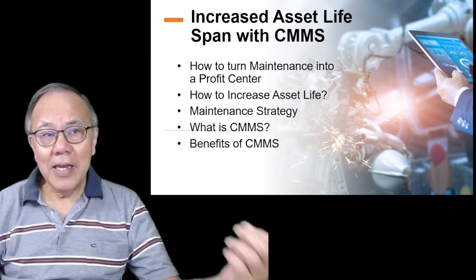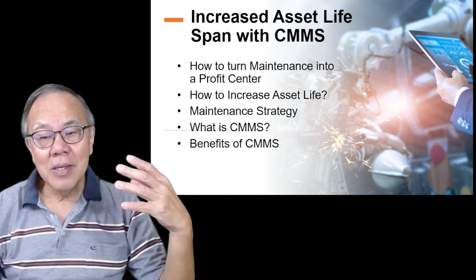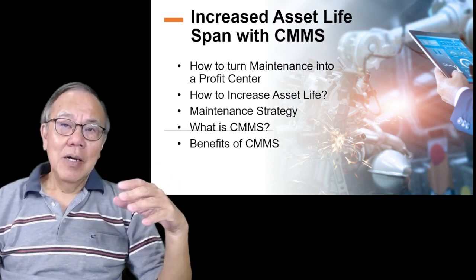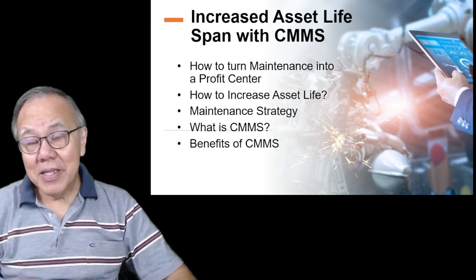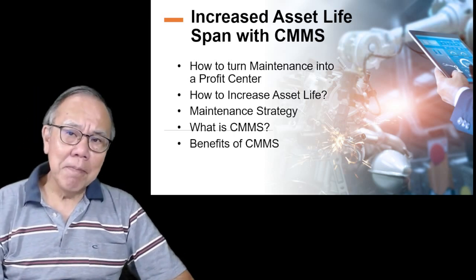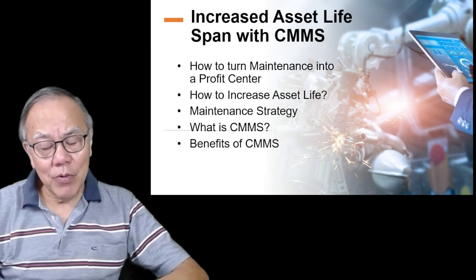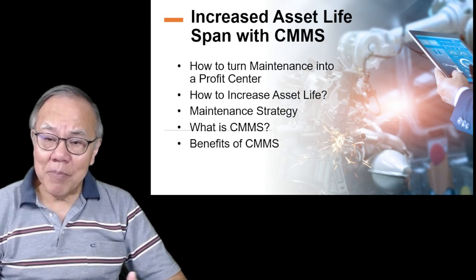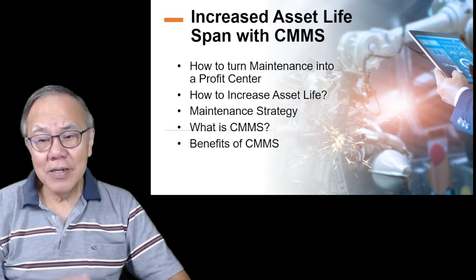Because at the end of the day, if you do a good maintenance job, then your maintenance costs should be improved, because maintenance is always grabbing a lot of maintenance costs from the company. So if you have a good equipment asset life, basically what it does is it reduces the cost of operation.